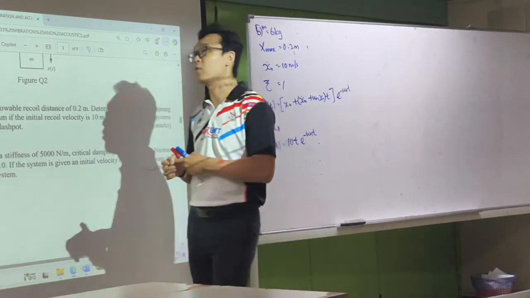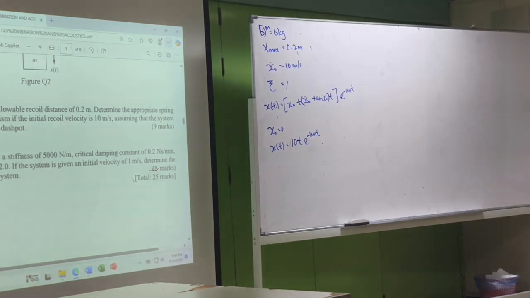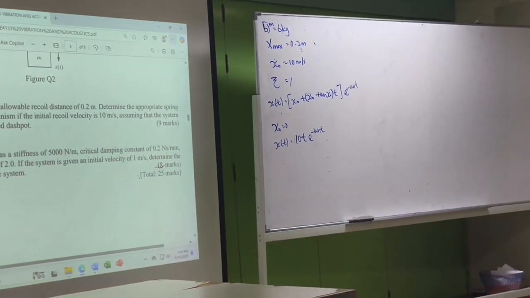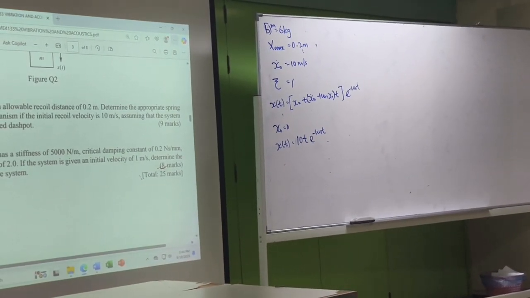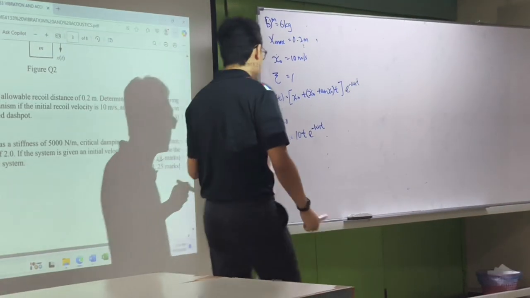Then t in the exponent equals 0. So to find the maximum value, you need to do the differentiation: dx over dt equals 0.